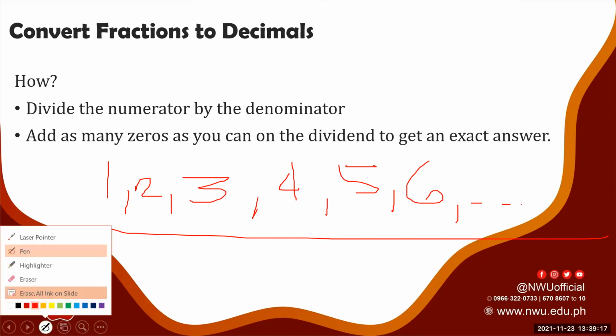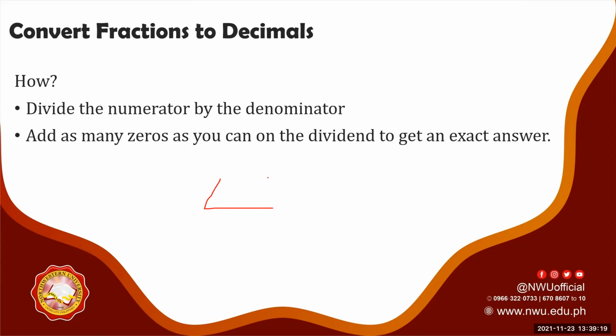That is because if you take our whole number 4, even if you do not see it, you should know that the decimal point of 4 is at its right side. So here is its decimal point. And we can add 0.